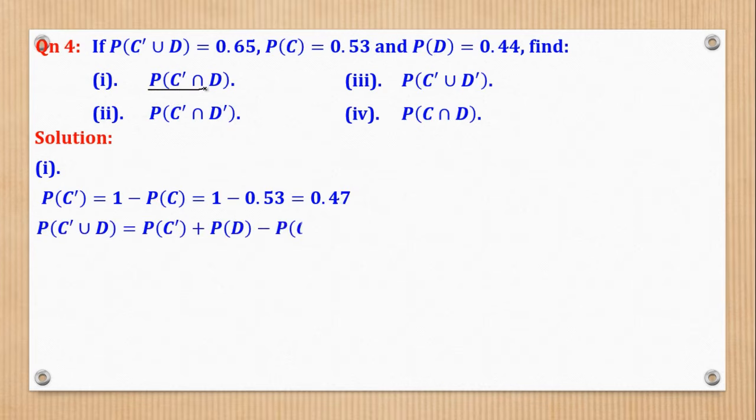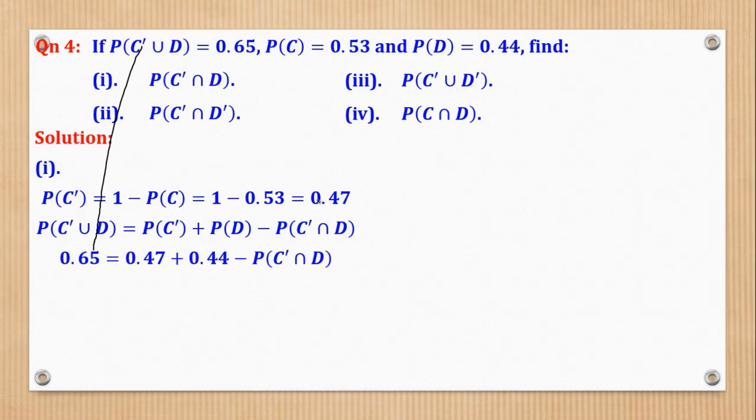Therefore, I'll say that probability of C complement union D, when I expand, will be probability of C complement plus probability of D minus probability of C complement intersection D. Therefore, I'll substitute for this union, substitute for C complement, and substitute for D. I'll only have this as the only unknown. Therefore, I have to look for a way of making it the subject, and the answer will be 0.26.